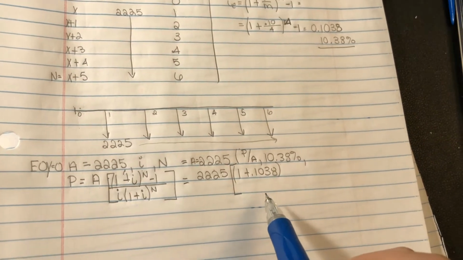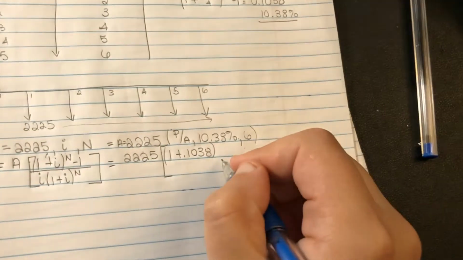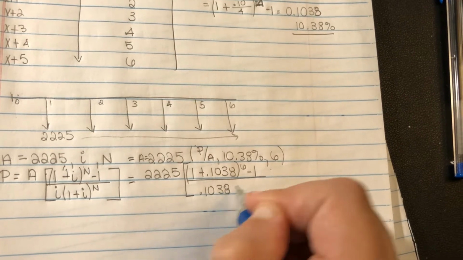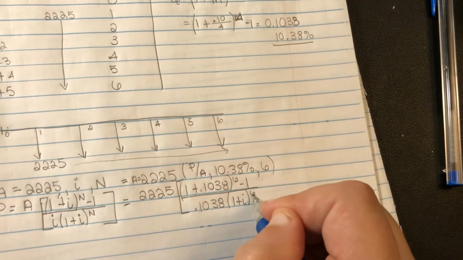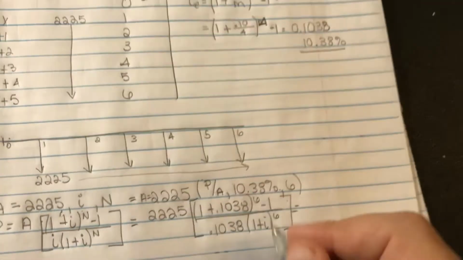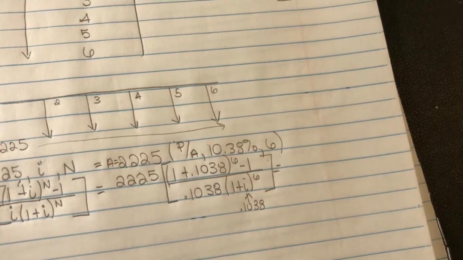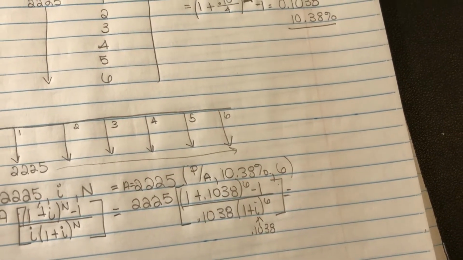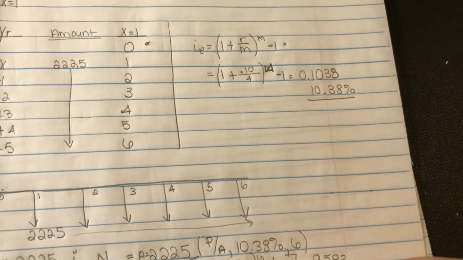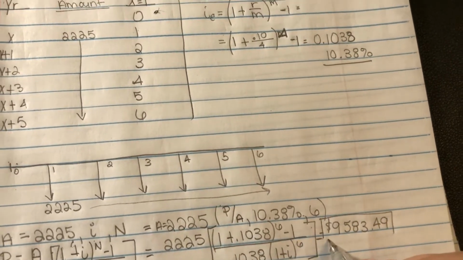And you end up with 9,583.49. That's at the end of year 0.